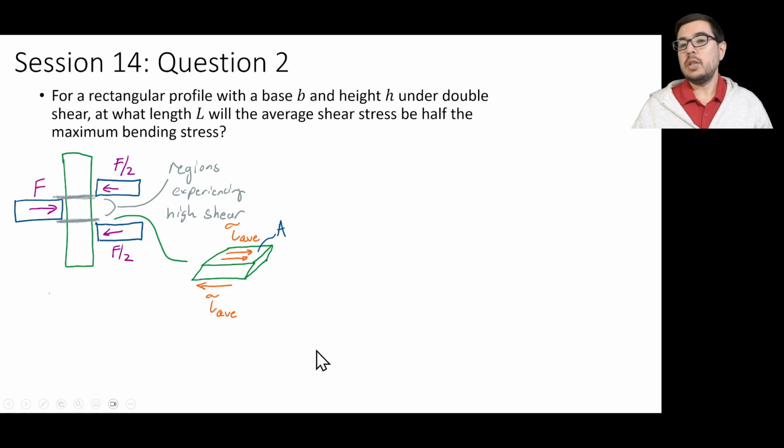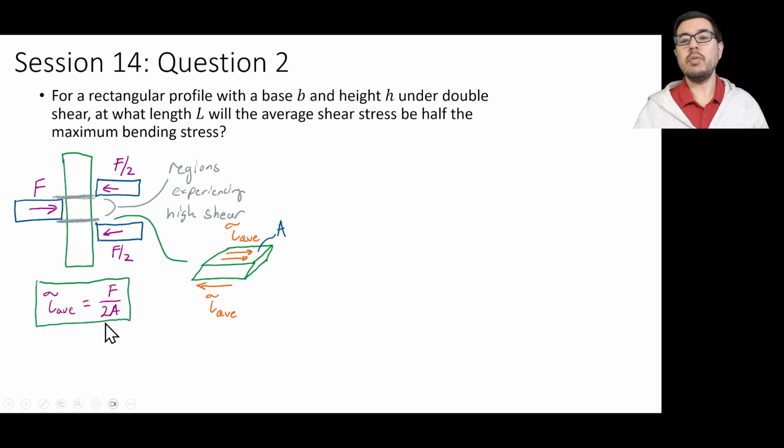We can describe the average shear stress, and remember there are two of these interfaces, one up here and one down here. So the average shear stress across each interface is this force divided by 2a, or F over 2 acting over this area. So we've established what the average shear stress might be.